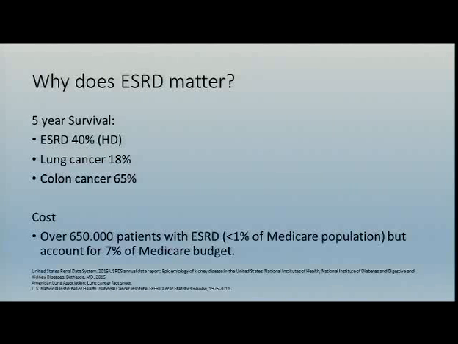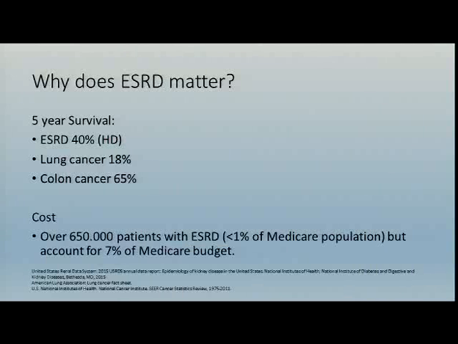So why does End Stage Renal Disease matter? Well, let's take a look at the numbers here. The 5-year survival is 40%, meaning if you are on hemodialysis, 60% of people die within the first 5 years. That puts it somewhere between lung cancer and colon cancer. The cost, we have over 650,000 patients who are on dialysis.